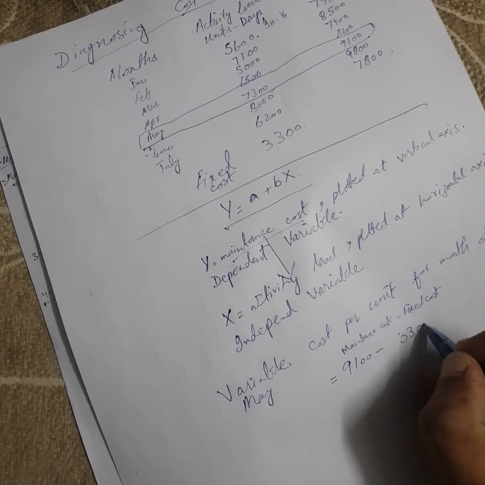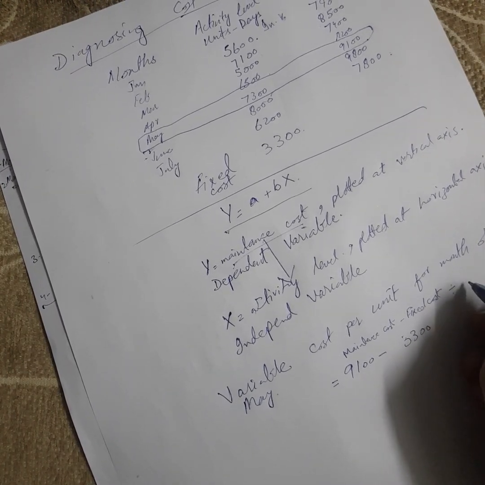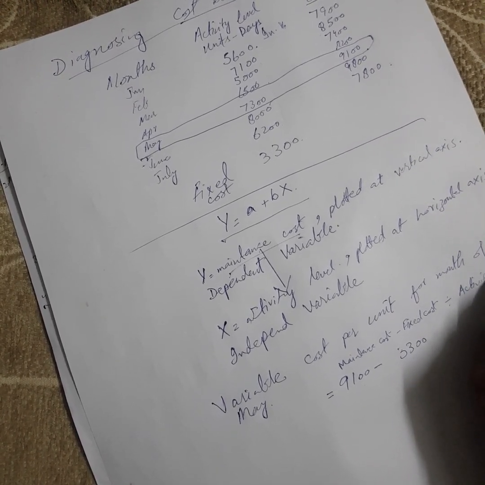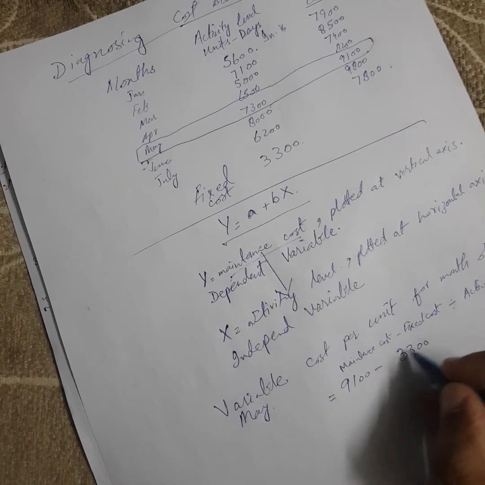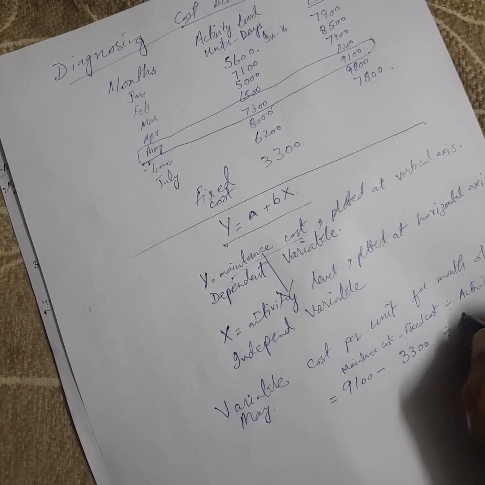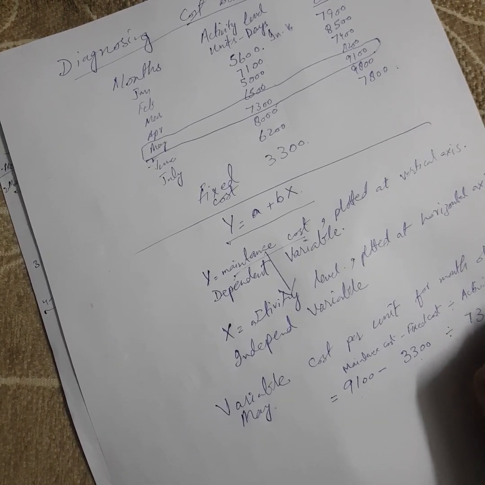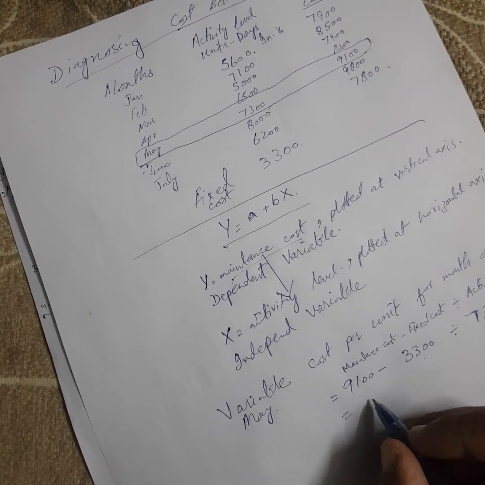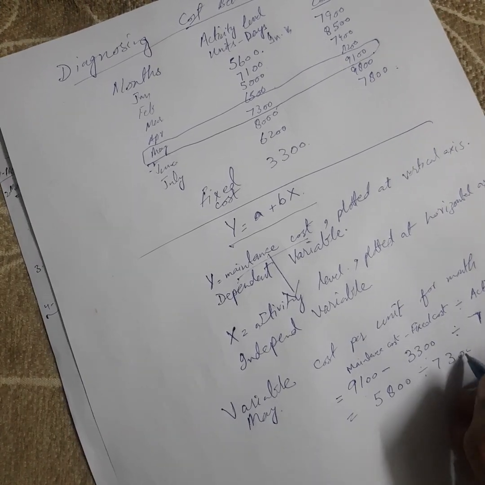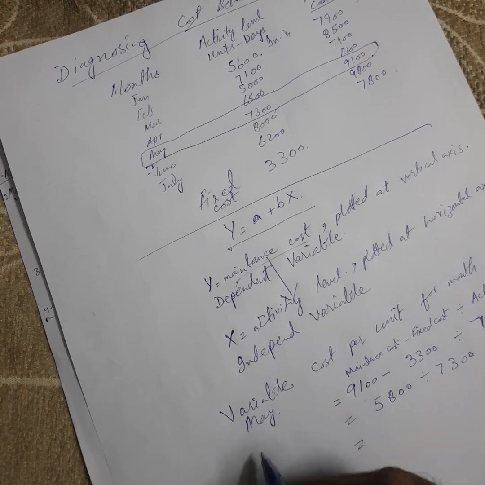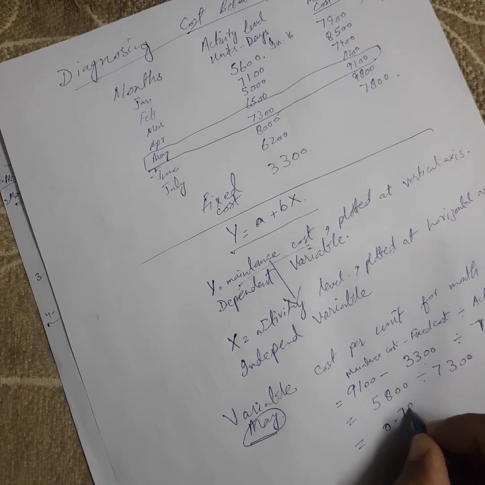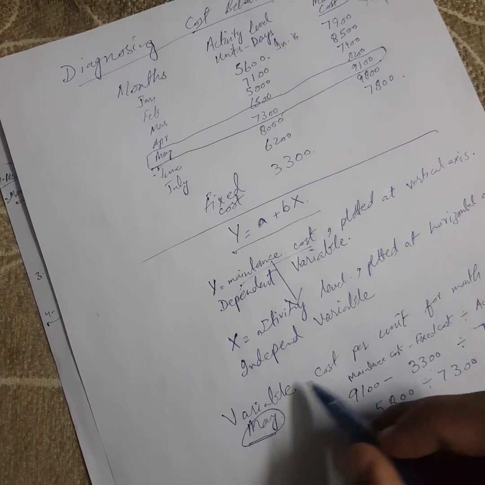Fixed cost is 3,300, and the difference will be divided by the activity level, 7,300 units that are produced. 5,800 divided by 7,300. Our per unit variable cost for the month of May will be 0.79. This is the main method to calculate the variable cost per unit.